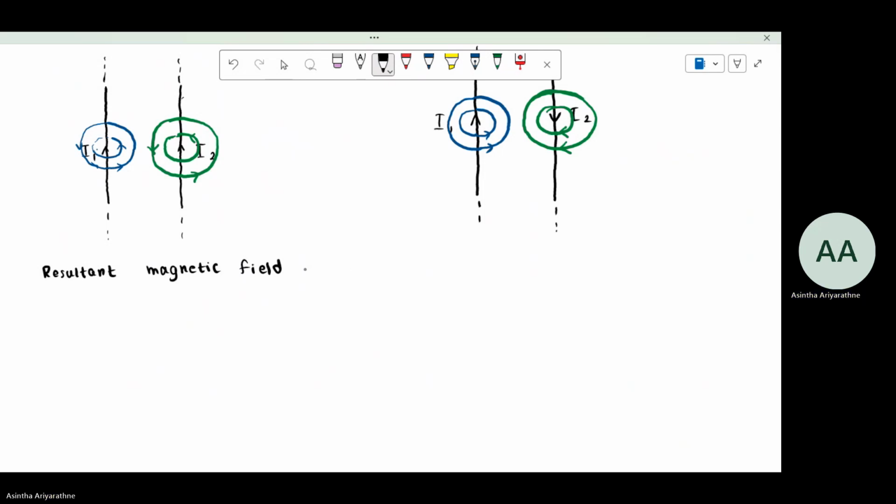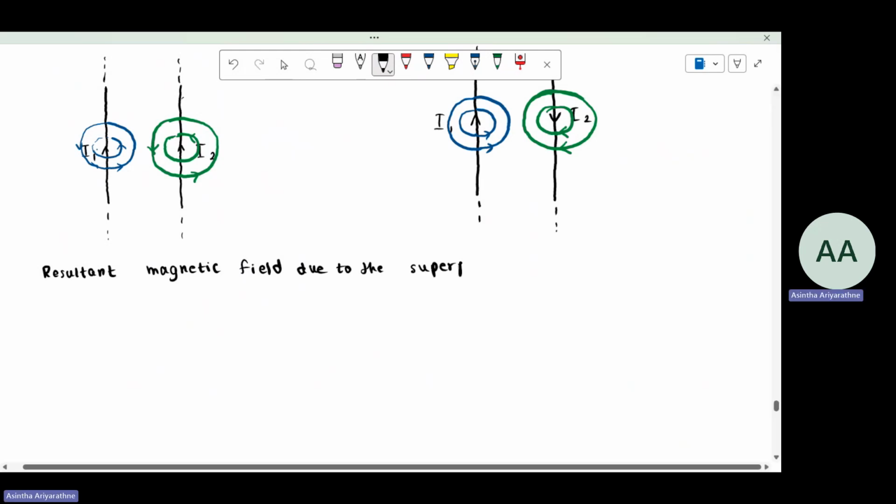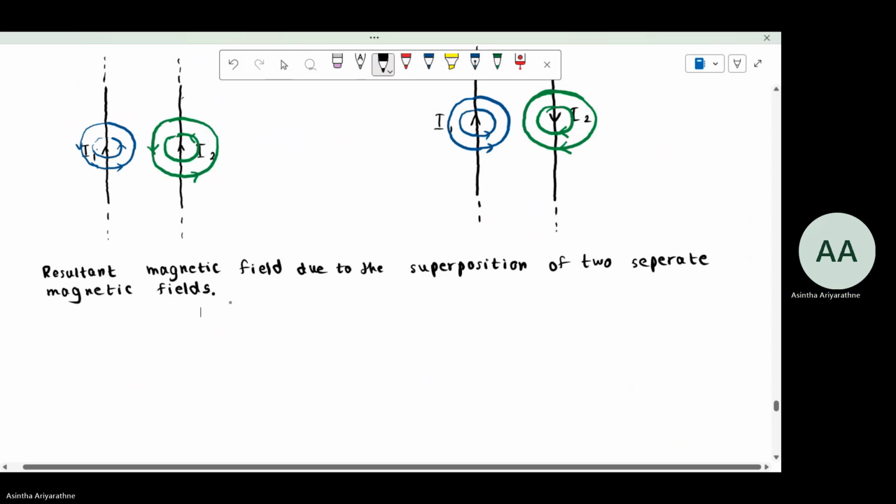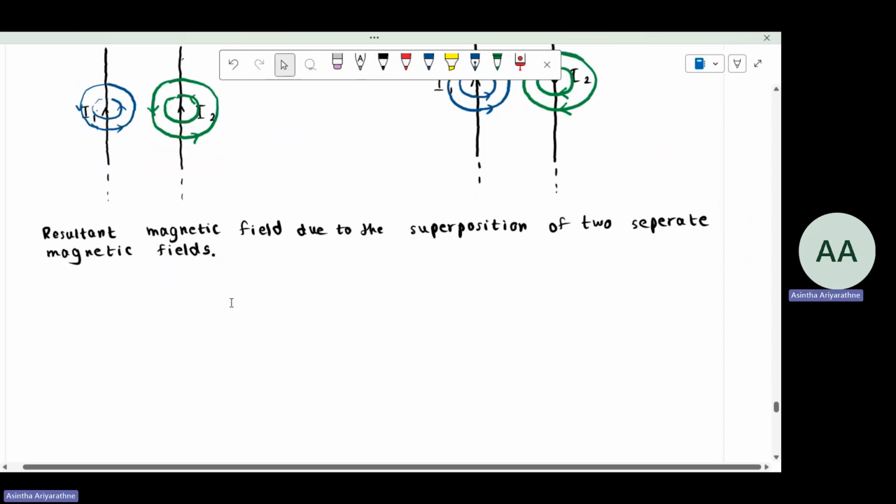it is the superposition of two separate magnetic fields, right?